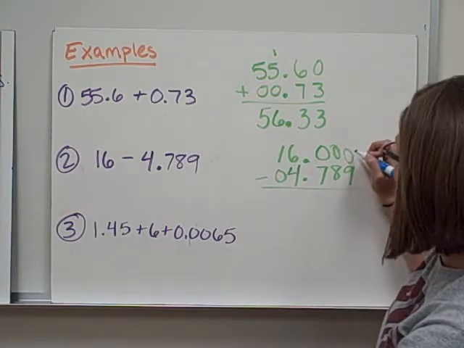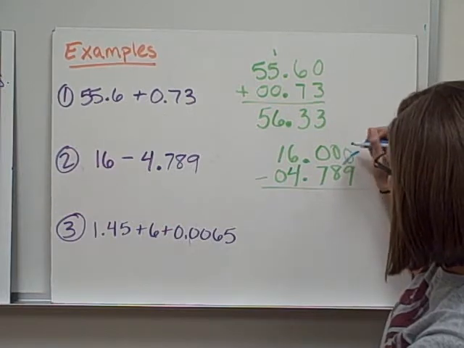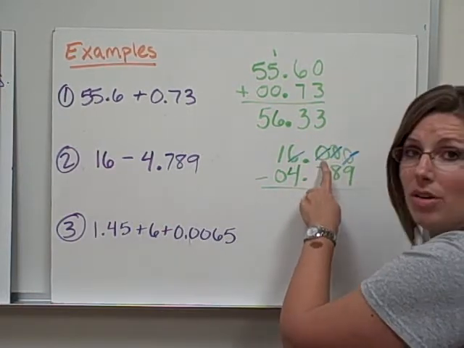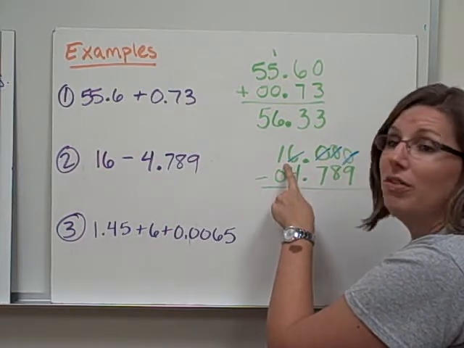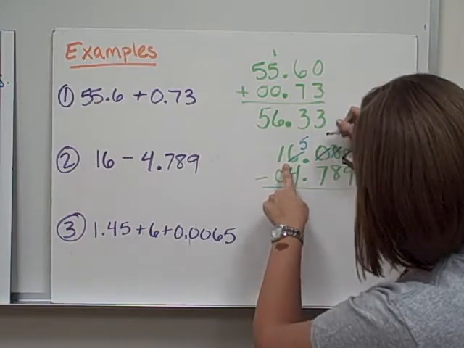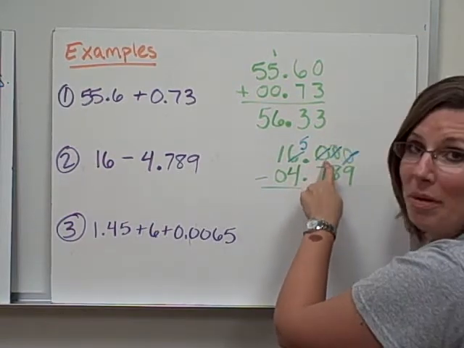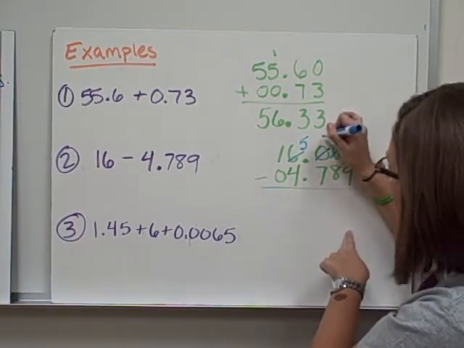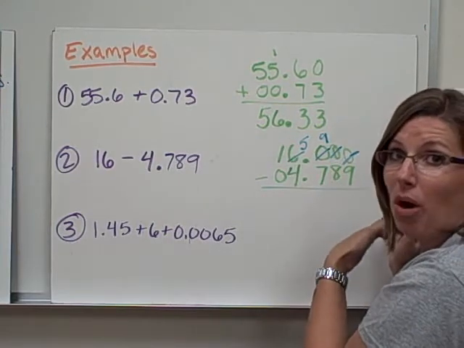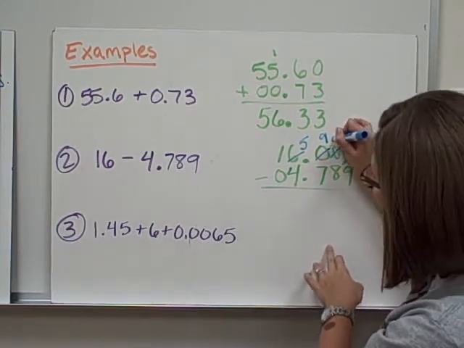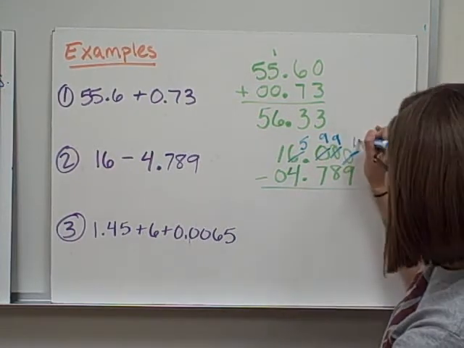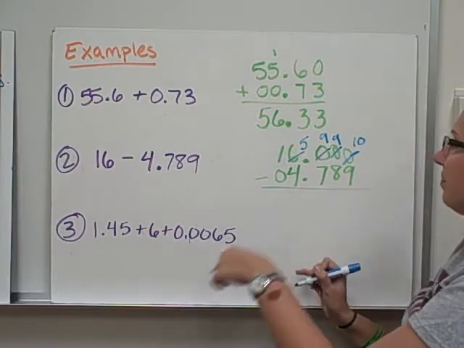So I've really got to borrow from the 6 because there's nothing here to borrow from. So I actually have to borrow from this 6 and make it a 5. I would make this a 10, but remember I've got to borrow from it, so it's going to become a 9. I would make that a 10, but again I'm borrowing from that, so it's going to be a 9. And then this last one is actually my 10, because 10 plus 0 is 10.